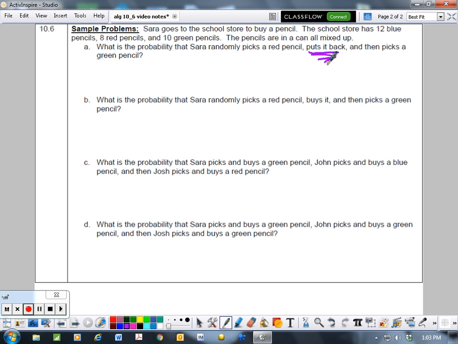Since she puts it back, this is an independent case, so it's always going to be 30 pencils that she's picking from. So her first choice for a red pencil would be 8 red pencils out of 30 pencils. And then my second choice would be a green pencil. Since she puts it back, I still have 30 pencils to choose from, and there are 10 green pencils.